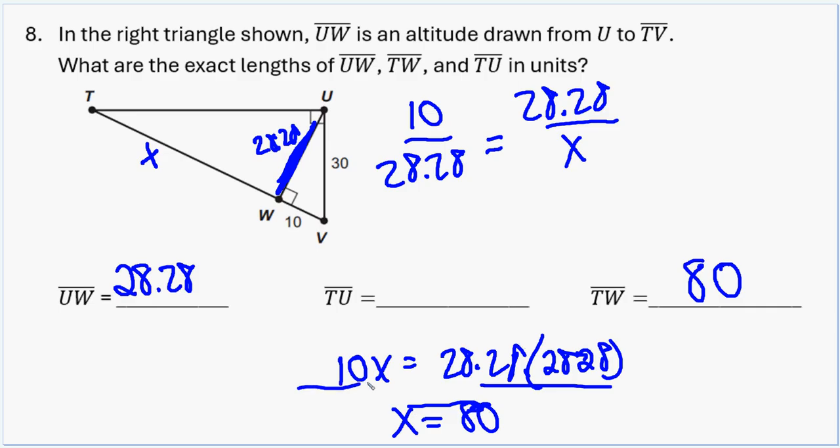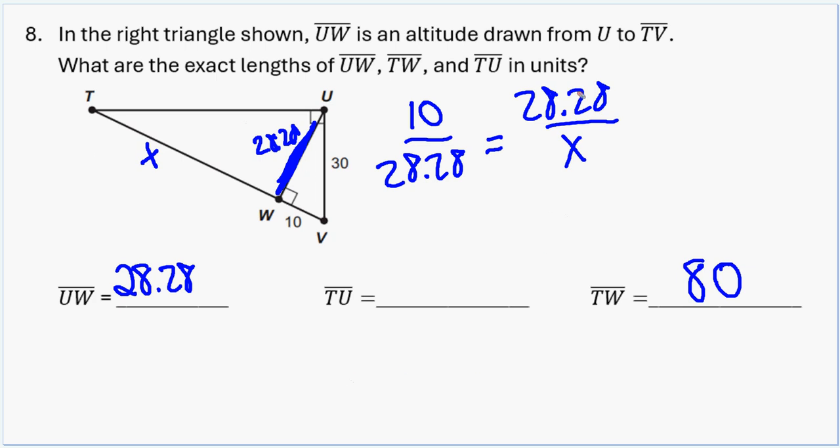And the last thing we got to find is TU. I'm going to highlight that side in red. So here's TU. Now that we've found TW, I'm going to scribble that out, put an 80 there. So we could do TU is equal to the root of, this red side here is closest to this chunk, 80.